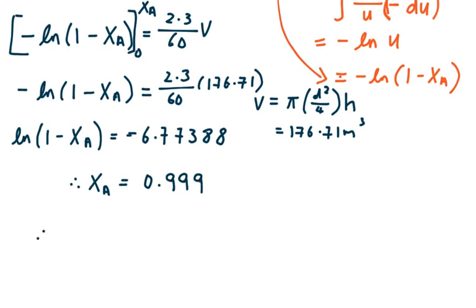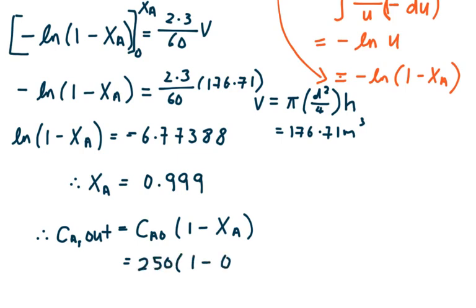With that, they ask, what is the concentration of CA at the outlet? So therefore, it is equal to CA naught (1 minus XA). And CA naught is given as 250, with a 99.9% conversion.